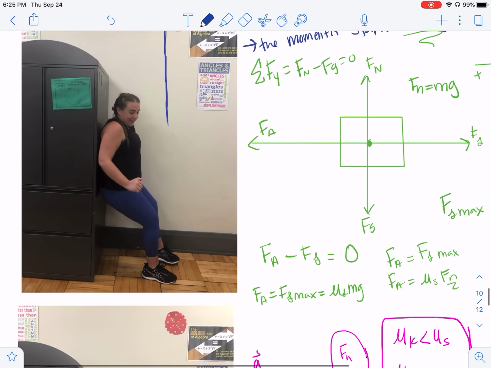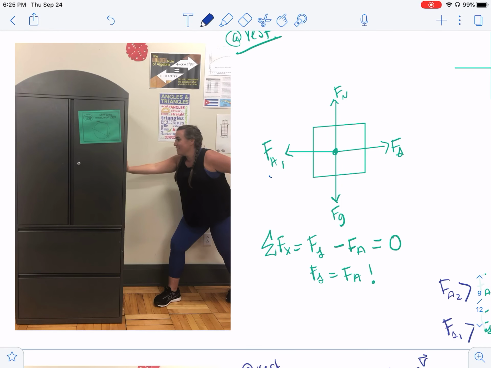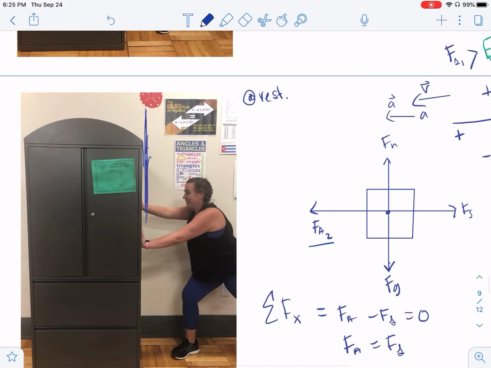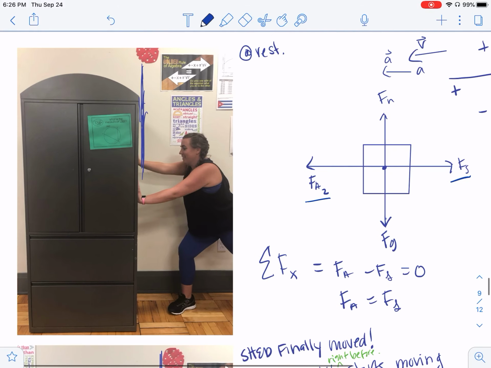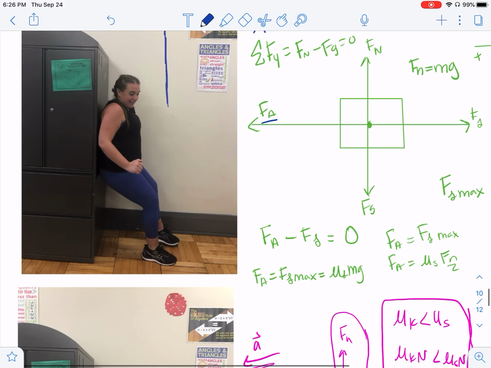So just to show you again really quickly, at the very beginning with one arm, small force applied, small force of static friction. A larger force applied gave me a larger force of static friction, but I still wasn't at that max. As I put even more force in, I finally got it moving, so it meant that at some point my force applied was larger than that maximum.